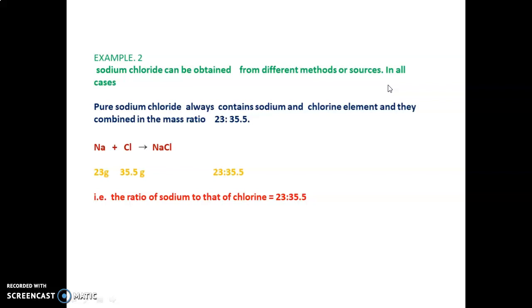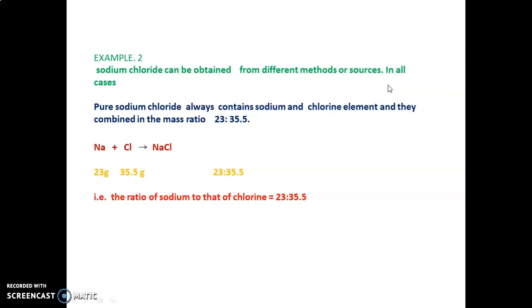One of the methods is by evaporation of seawater. Also, we get sodium chloride from mines, and also from the reaction of HCl and NaOH, we get sodium chloride.